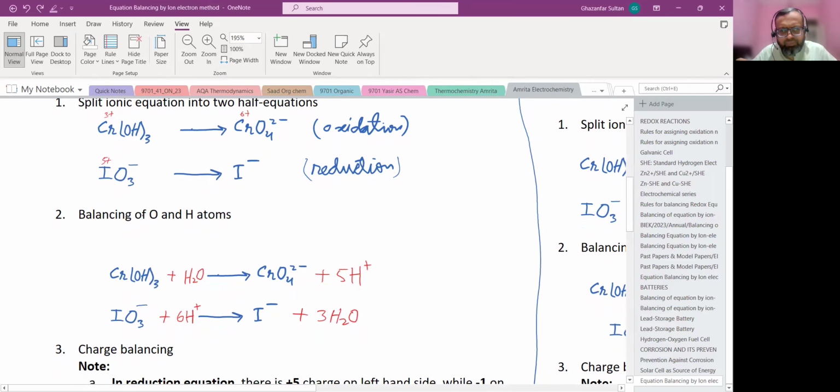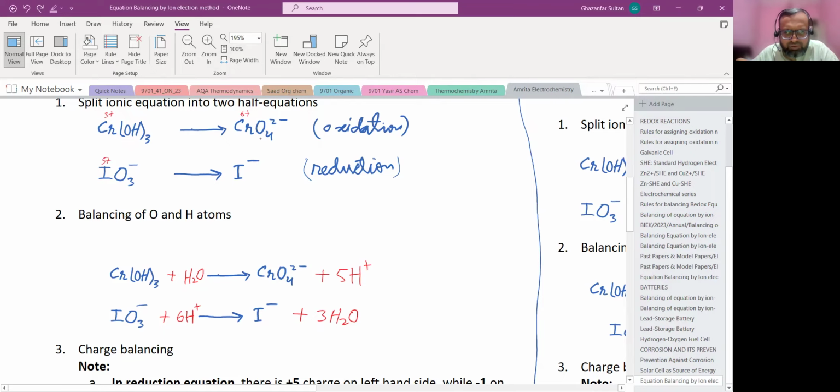Now see, in this equation, as we are using the method of acidic medium, in acidic medium, wherever oxygen atoms are fewer on either the right hand side or the left hand side, we add water.